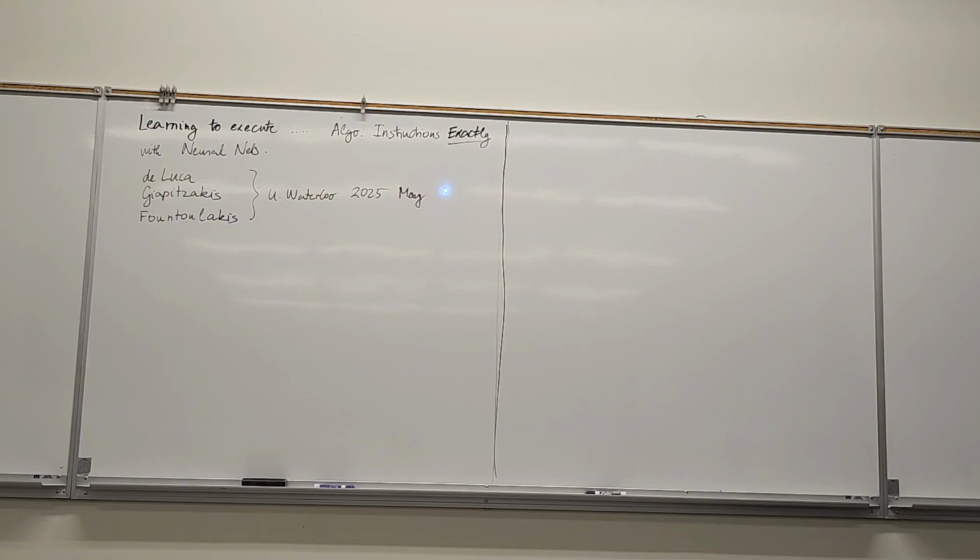Maybe it's not super surprising given what Dale was also talking about, right? I suppose he was talking about how transformers can also be massaged into being universal in some computational sense. The goal of this paper is very similar.